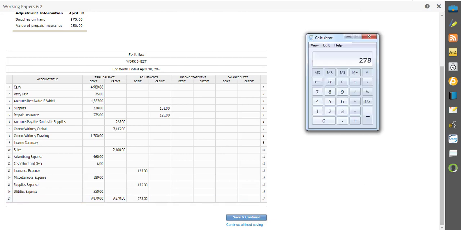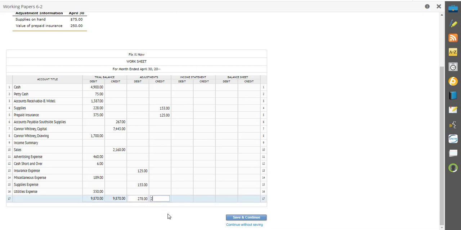I'm going to repeat that for my credit column. Not a lot of numbers here in my adjustment column, but I still need to make sure that I am adding correctly. 153 plus 125, and that will give me 278. And then I see right here I have a debit for 278 and I have a credit for 278. My adjustment columns therefore equal.